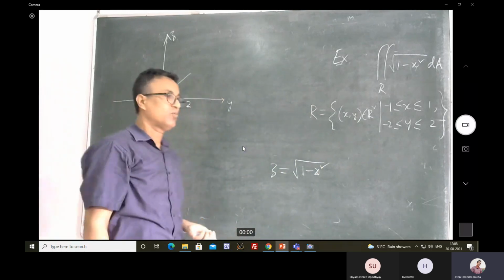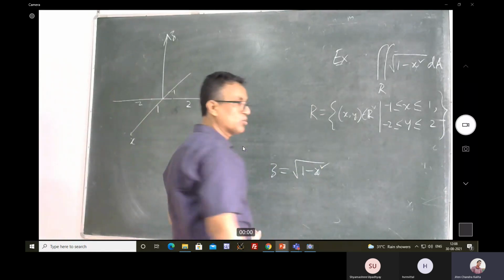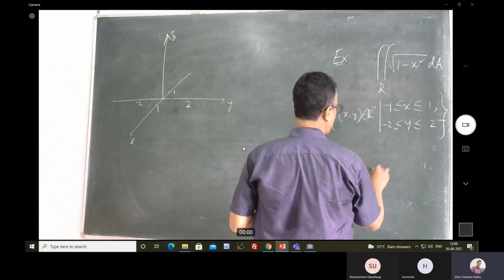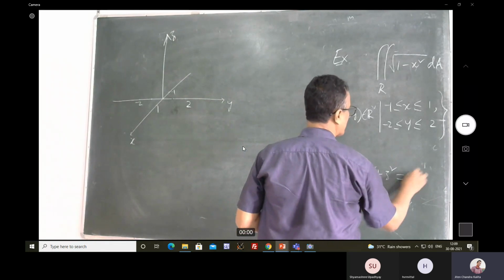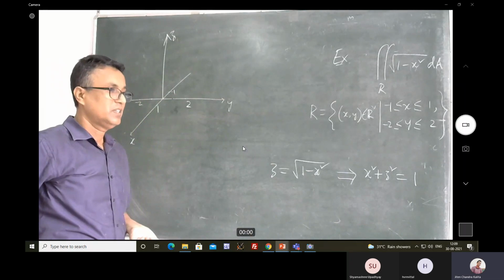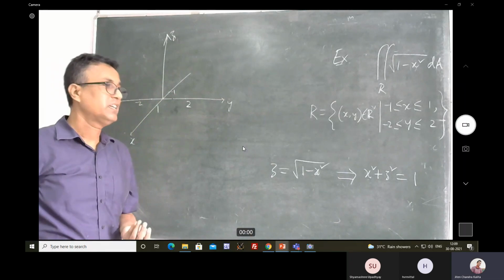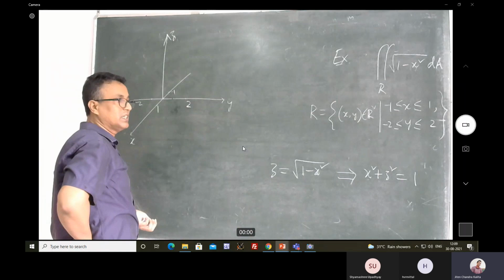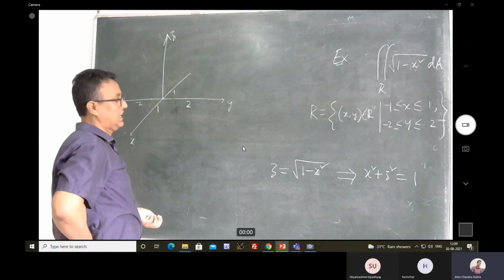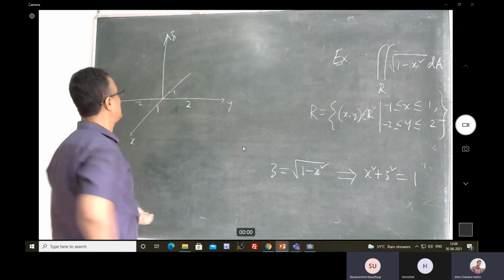z equal to f of x, y, and f of x, y is given by square root of 1 minus x squared. So eventually, this is going to lead me to what? x squared plus z squared equal to 1. Isn't it? Right? So it represents what? A circle. Yeah, it represents a circle.